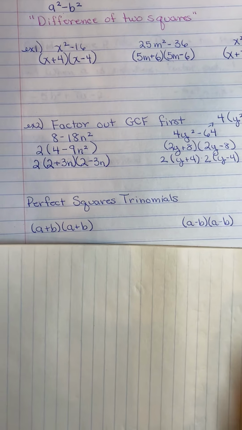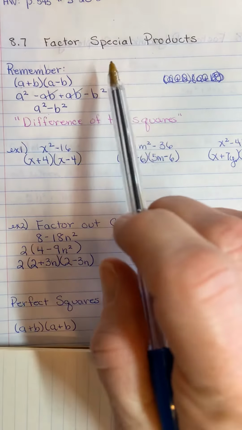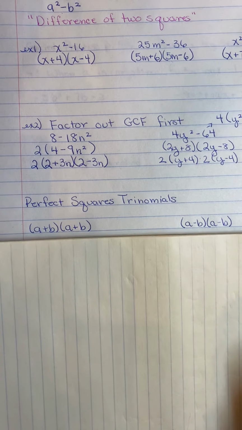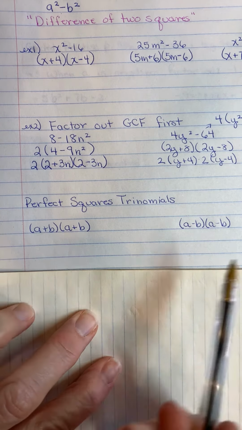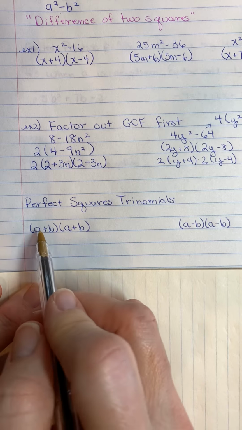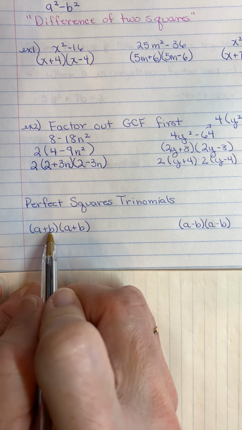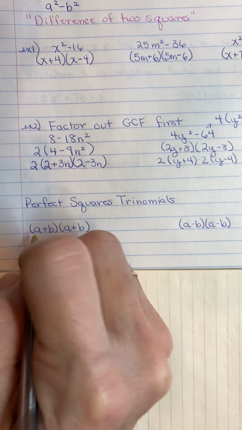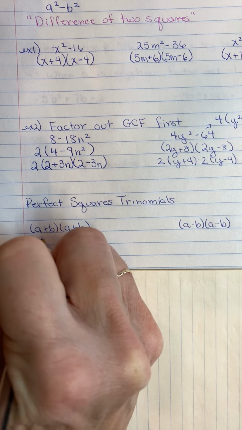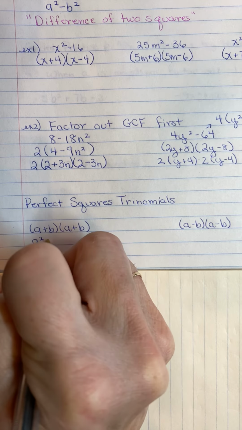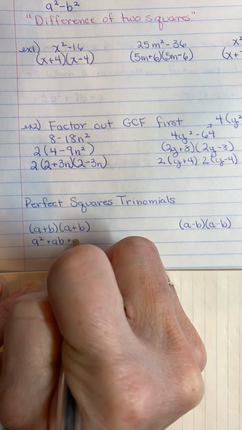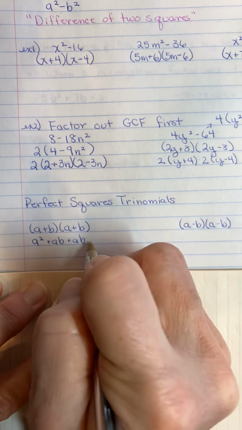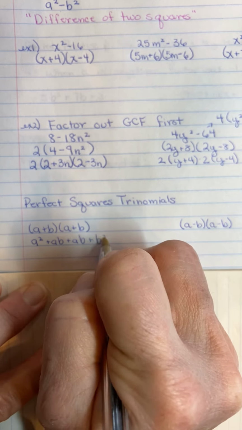All right, the other special product is a perfect square trinomial. So let's go ahead and FOIL this. A plus b times a plus b. So a times a is a squared. The outer is ab, and the inner is also ab. And then the last term would be b squared.